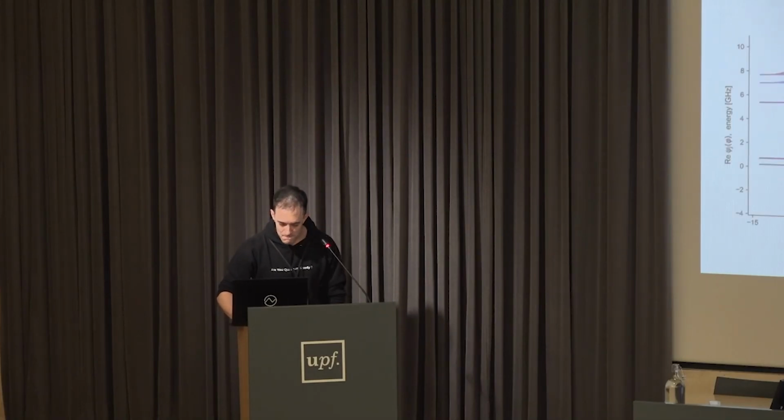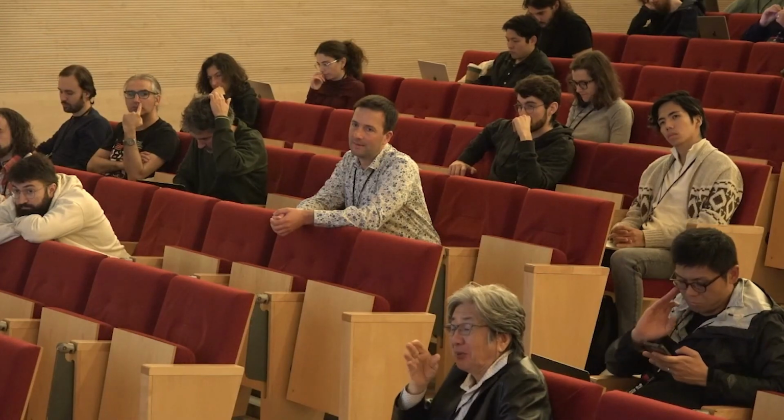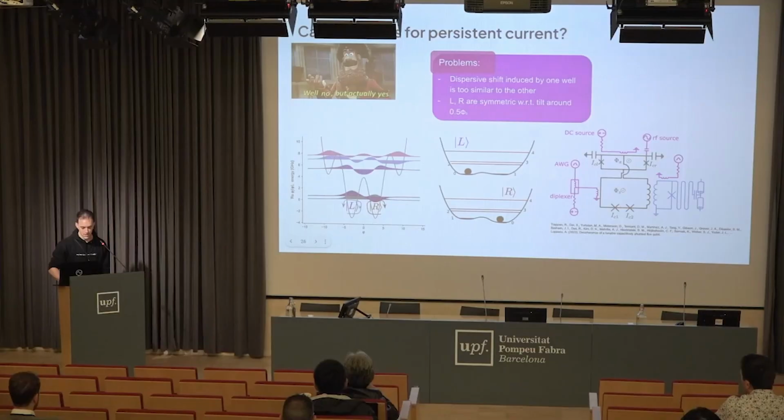Okay. So the thing is, you're trying to read out the persistent current, and dispersive shift measures a difference in energy. In this case, when you're here, you have the same energy for the two persistent current bases, the left and the right. So even if you measure, you will not see a difference from one to the other.